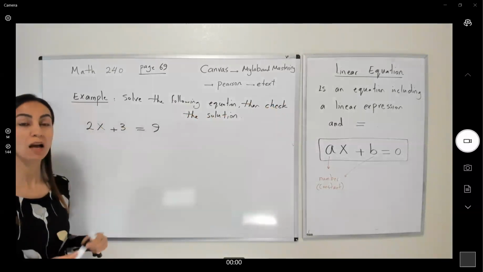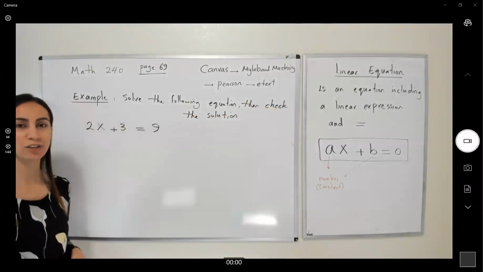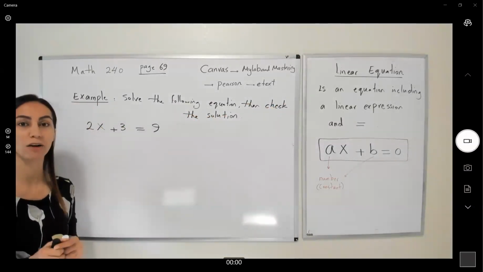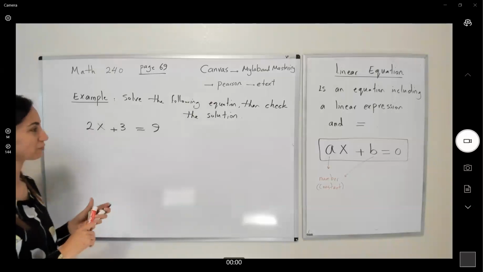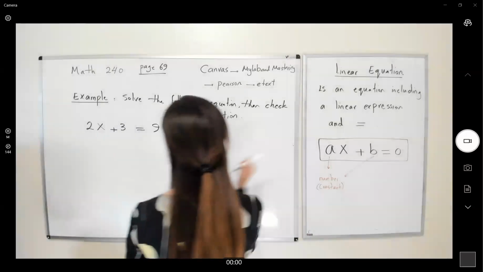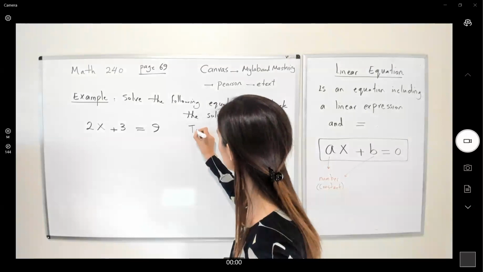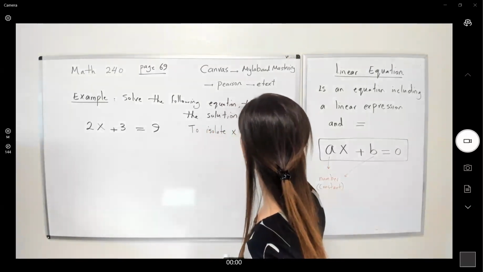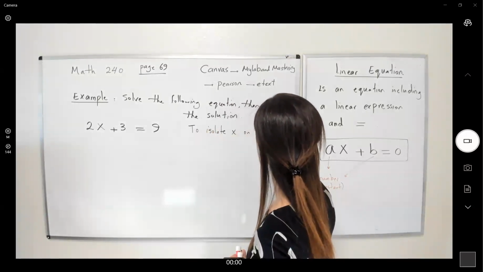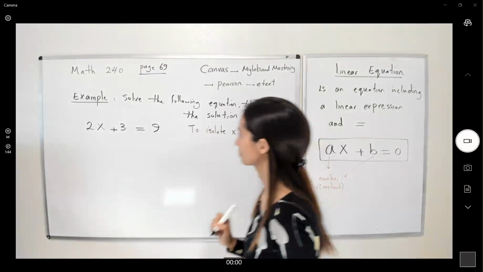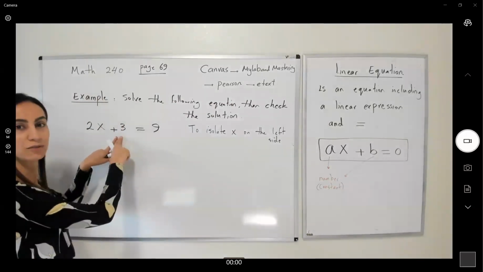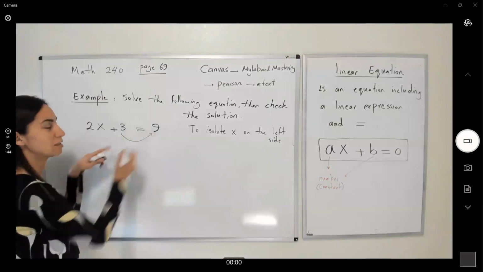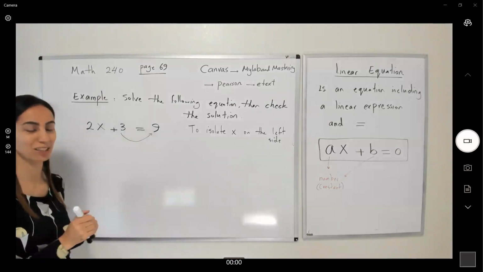Very well. When it comes to solving a linear equation, your job is to isolate your variable on one side. So, to isolate x on the left side, you have to get rid of the constant 3 and move it to the right-hand side.